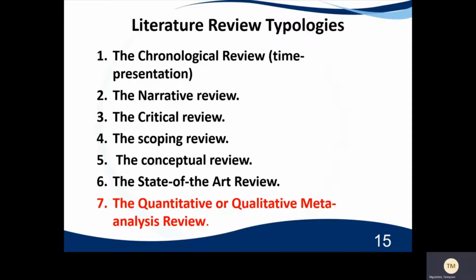This is, in the world of reviews, seen as quite a weak type of reviewing, where you just stack the early things away from the new things. It's a format that people discourage the use of if you're using it as the only typology.